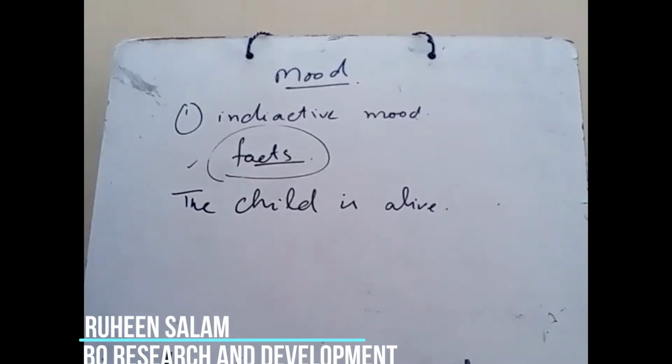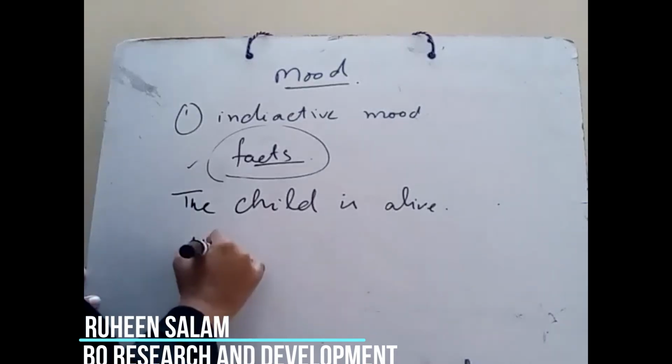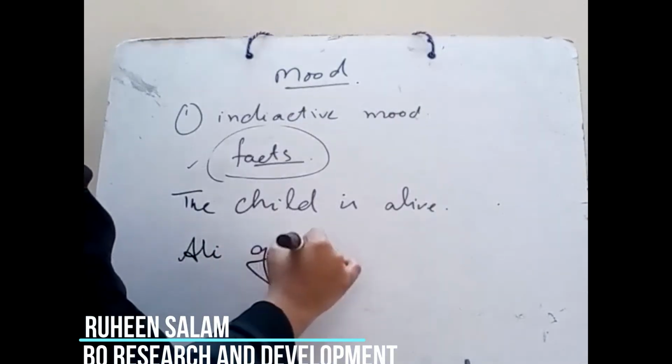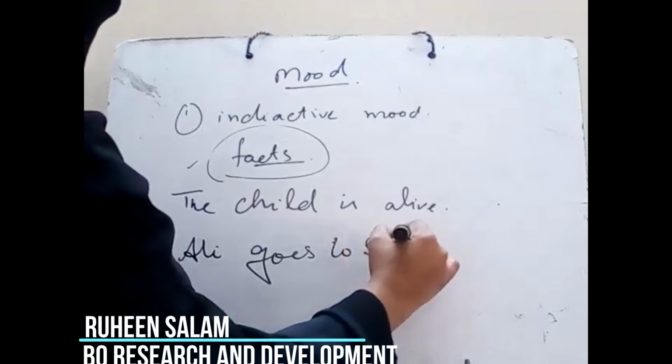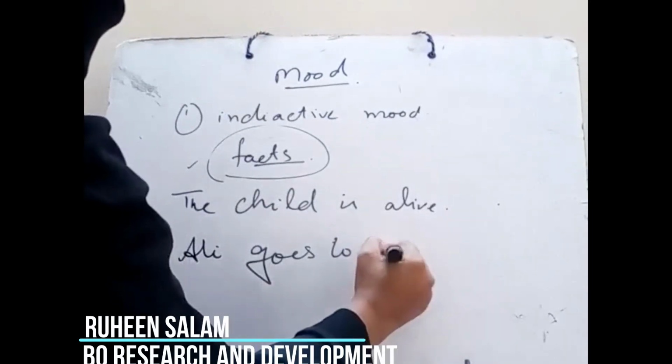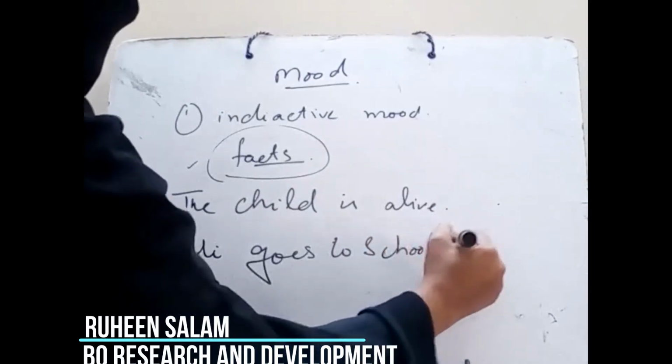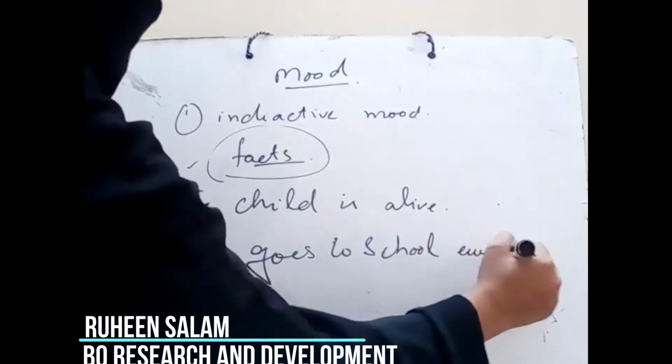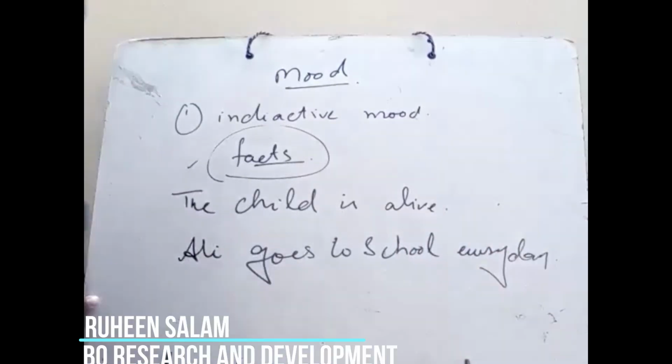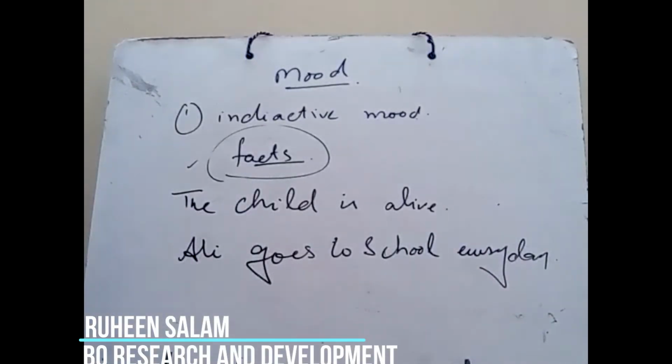Again we have that Ali goes to school every day or daily. I'm not exaggerating anything. I'm not telling anything which is a lie. I'm not telling you my assumptions.